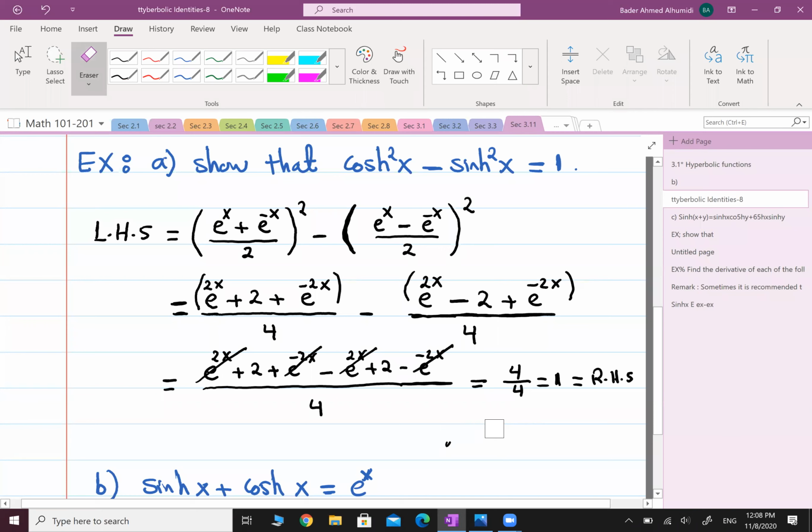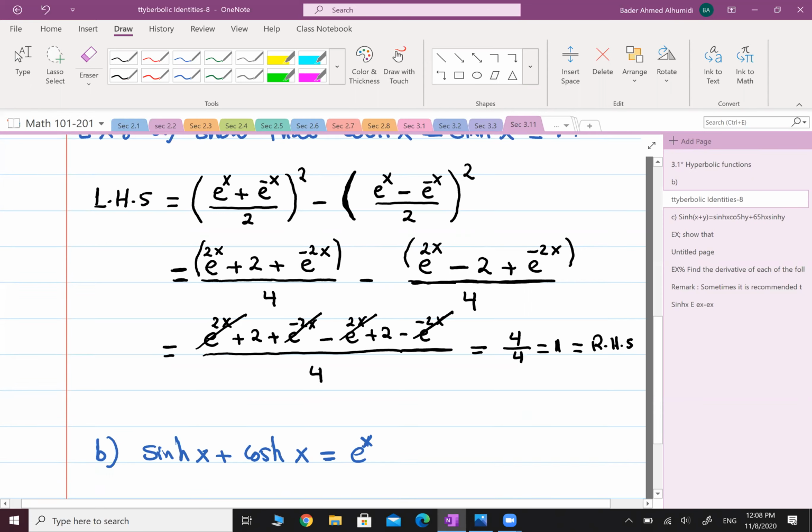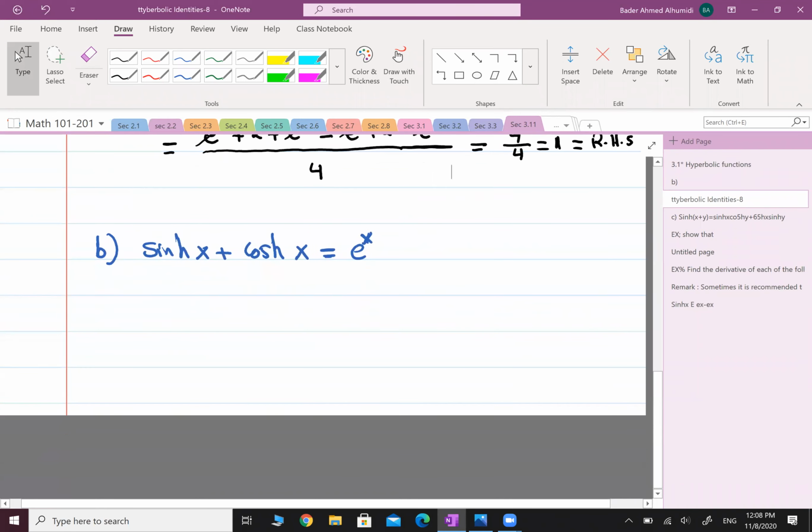Of course, one of the important tasks we need to do in this section is if someone gives me one of these functions, for example, I give you the hyperbolic sine and I ask you about hyperbolic cosine, then you should do it by identities only. Here we don't have a triangle. We have to remember identities in order to find others from one given function.